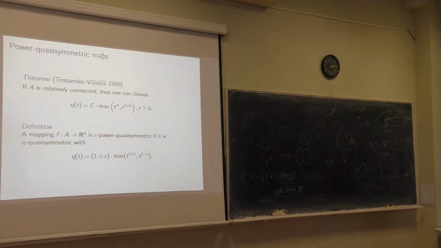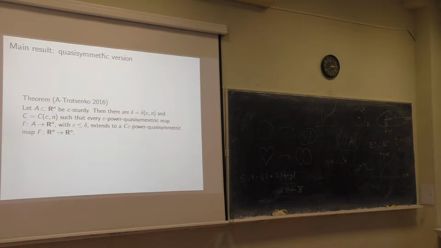And this general theorem says that this power type is very natural, so we make all the constants in the power type definition close to 1, and then we get the definition that we need. Well, 1 minus epsilon is not the same as 1 over 1 plus epsilon, but don't worry about that.